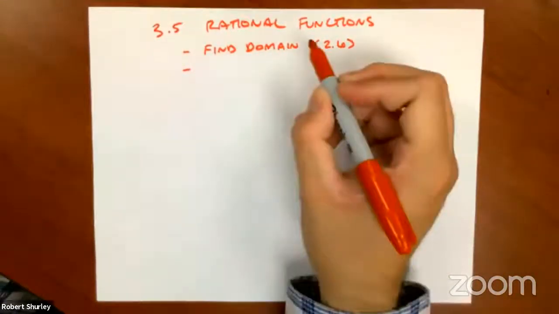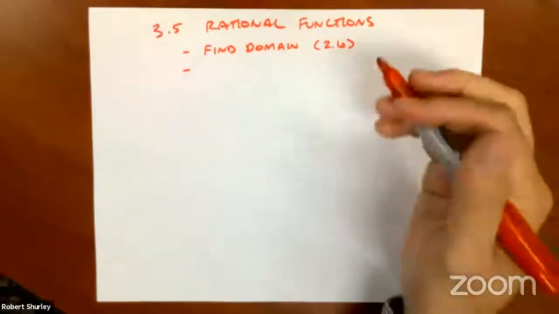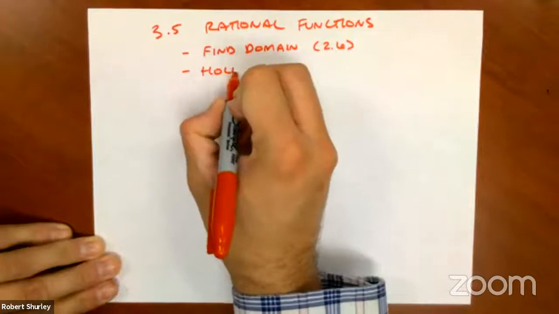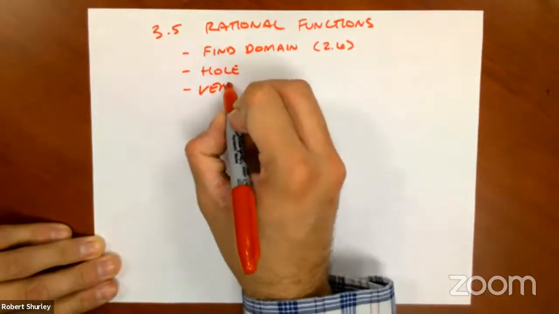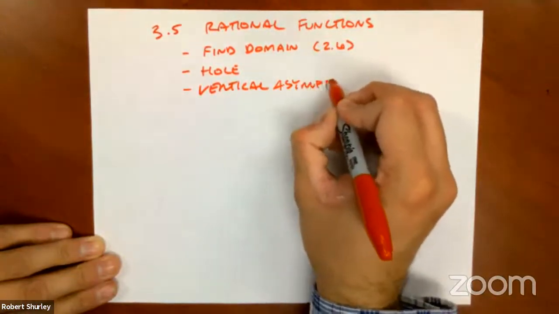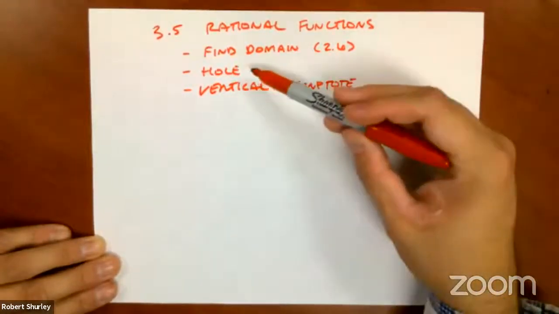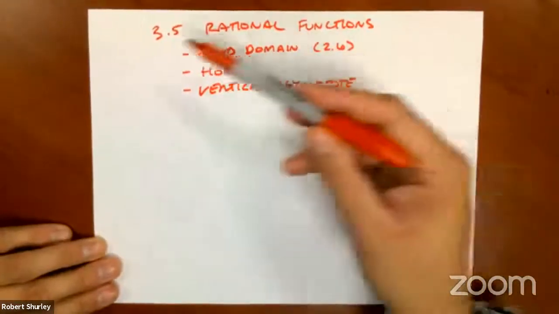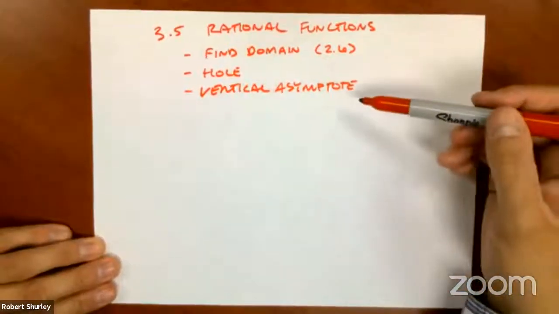But from the restrictions on the domain, we know we could have one of two things, right? We could have a hole, or we could have vertical asymptotes. So know how to find if we have a hole or vertical asymptote in that section. I know if you go back and watch the lecture, you'll see we talk extensively about these topics.